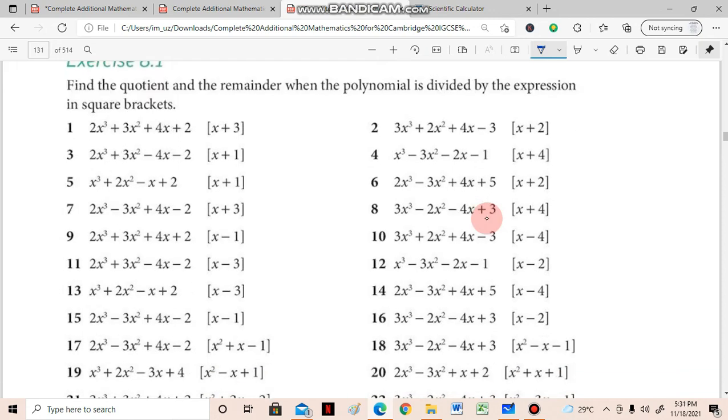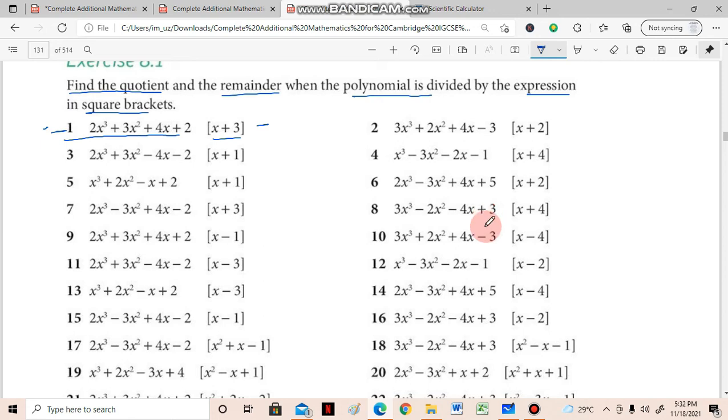Alright, okay, so let's try to solve the first question first. Okay, which is 2x cubed plus 3x squared plus 4x plus 2 divided by x plus 3. What does the question want from us? It wants us to find the quotient and the remainder when the polynomial is divided by the expression in square brackets. So this is the expression in the square brackets that we have to divide the polynomial with.